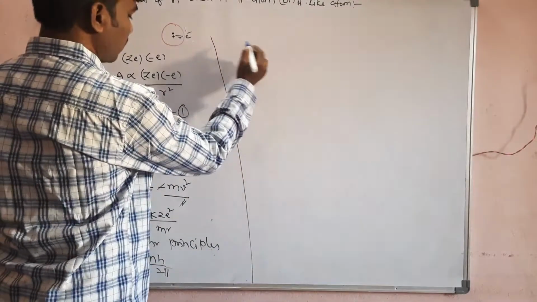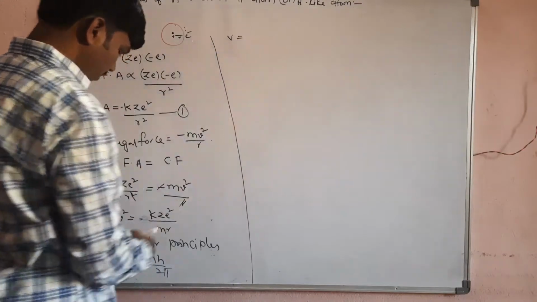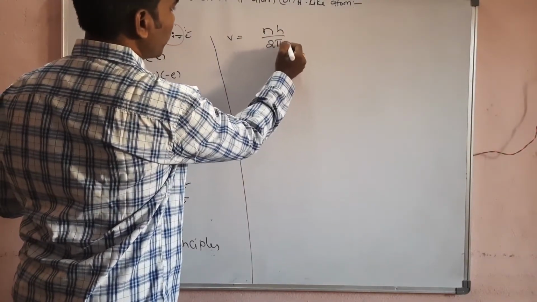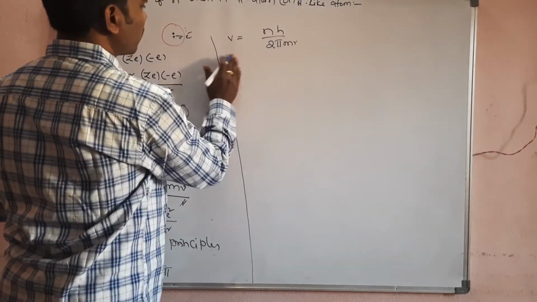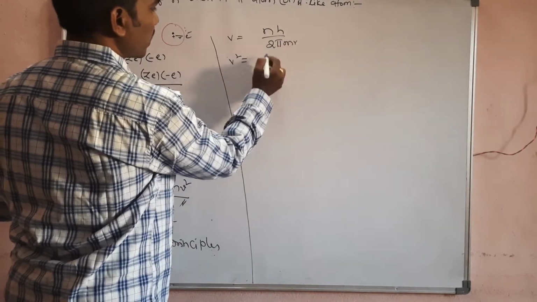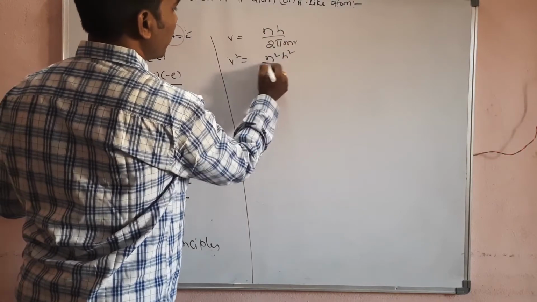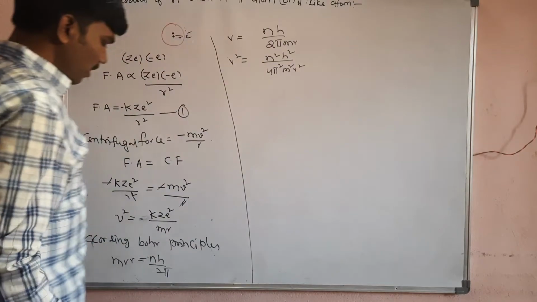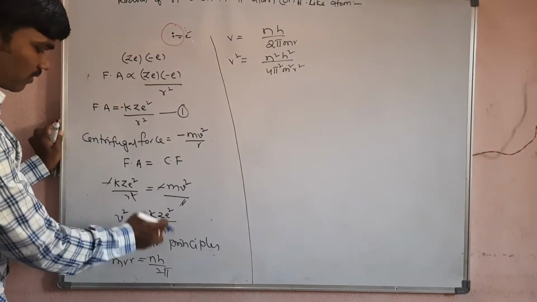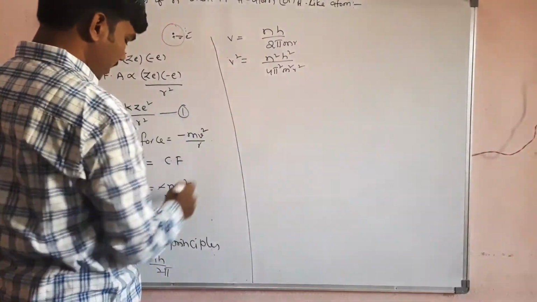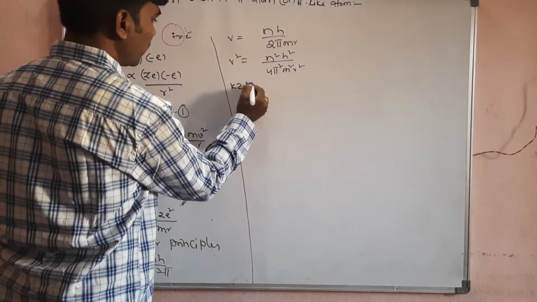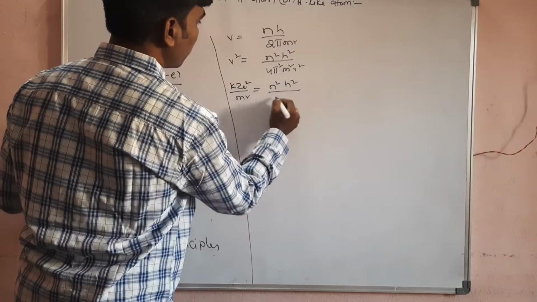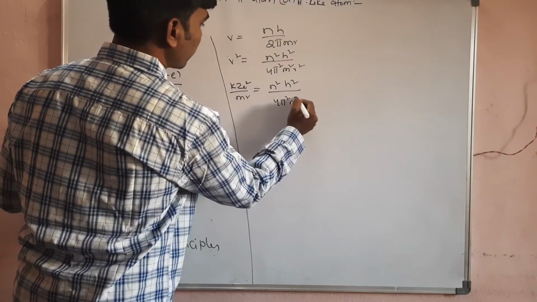Then v is equal to nh by 2 pi mr. Squaring on both sides, v square is equal to n square h square by 4 pi square m square r square.